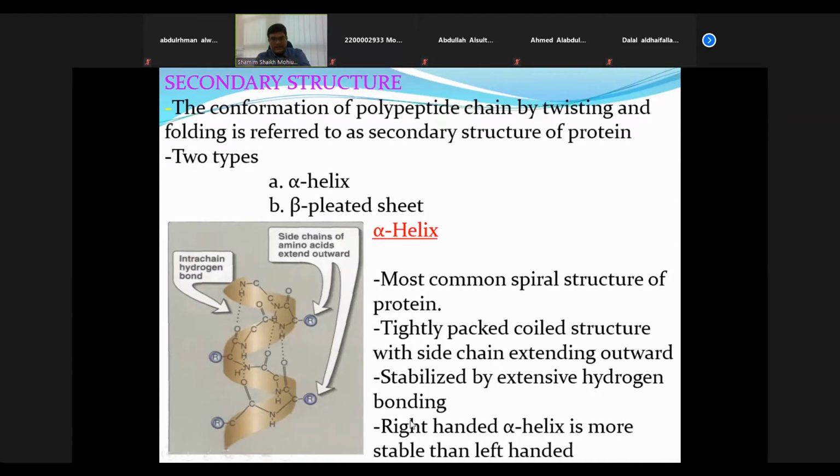So the right-handed alpha helix is more stable than the left-handed. This is about the alpha helix, which is a variety of secondary structure of protein. Come to the next one, the beta pleated sheet.